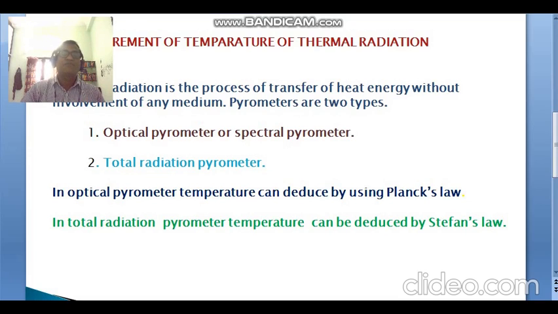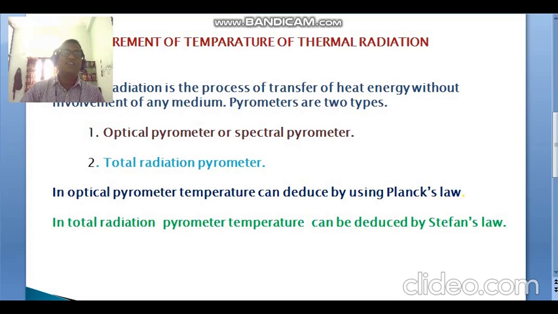In this, the thermal radiation is incident on the surface of the filter. The spectrum or the image of the particular object is formed on it. Therefore, that is known as a spectral pyrometer.